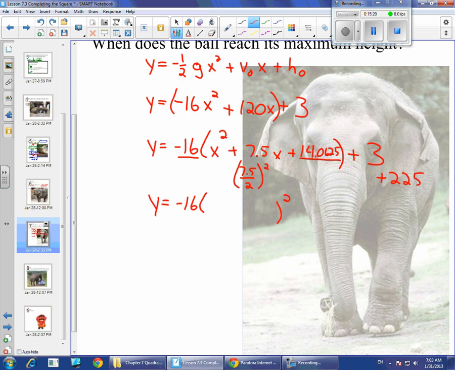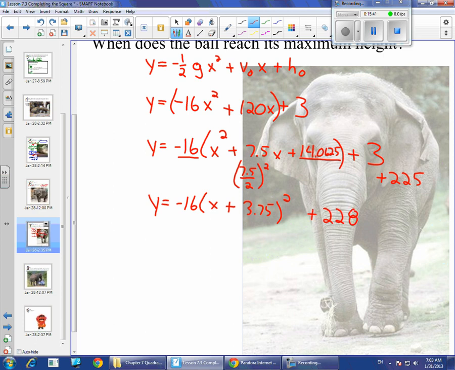If you factor the set of parentheses, now again, don't try to factor it by hand. Use the pattern we learned before. It'll be x plus whatever that b divided by 2 was. Okay, b divided by 2 is 3.75. And then on the end I have plus 228.